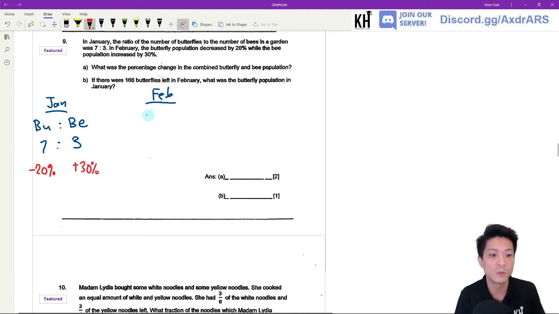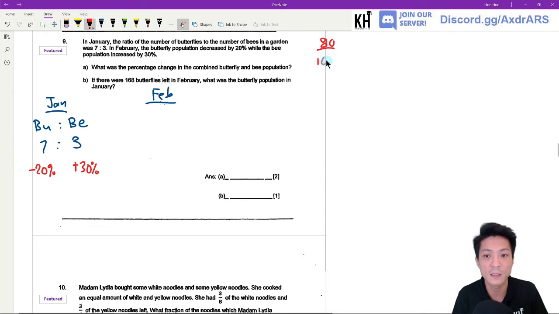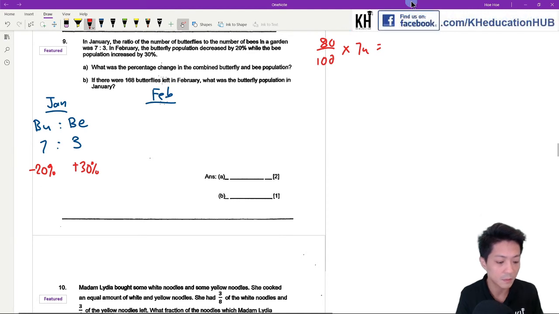So what we're going to do is decrease 7 units by 20%, and increase 3 units by 30%. We find 80% of 7 units, which gives me 5.6 units.